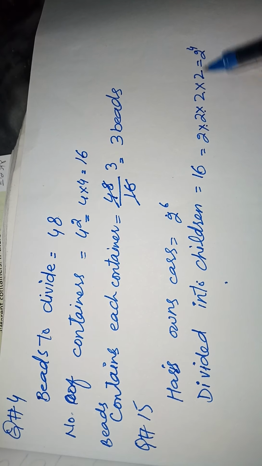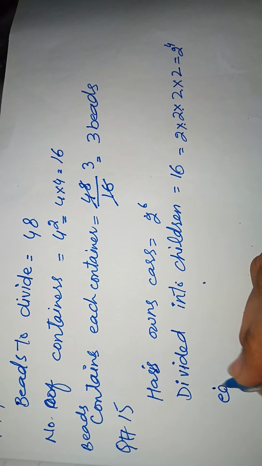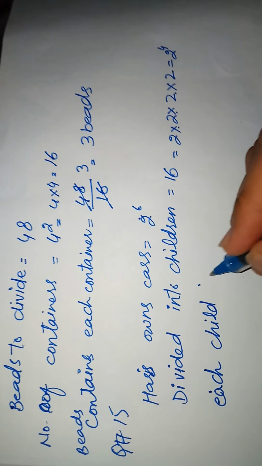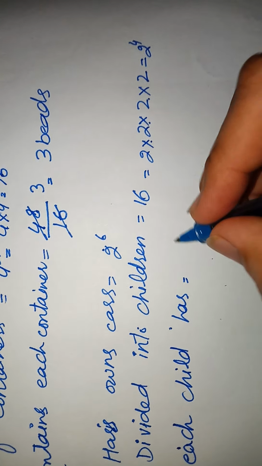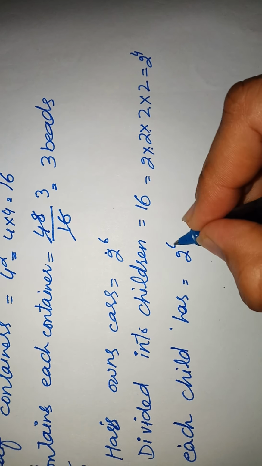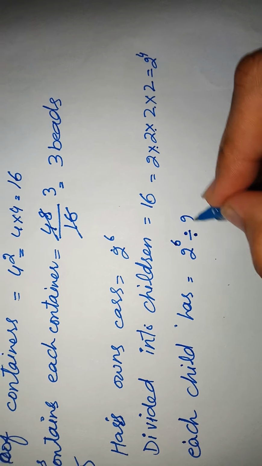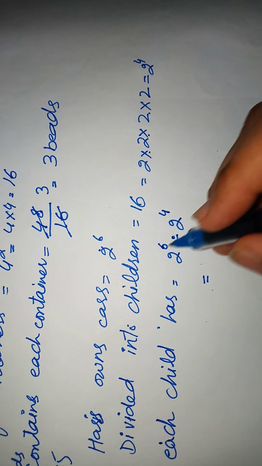He has divided them into 2 raised to power 4 children. So how many toy cars does each child have? Harris had 2 raised to power 6 cars and he has divided them among 2 raised to power 4 children.